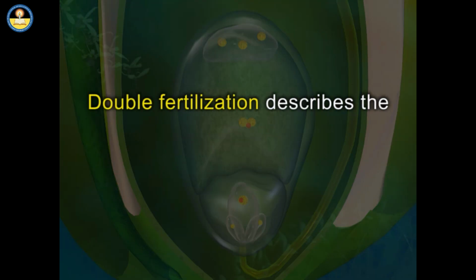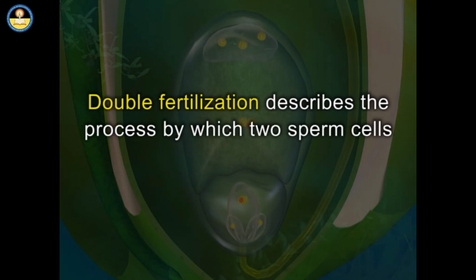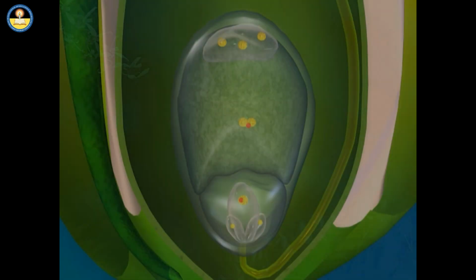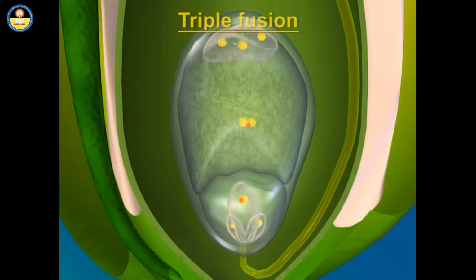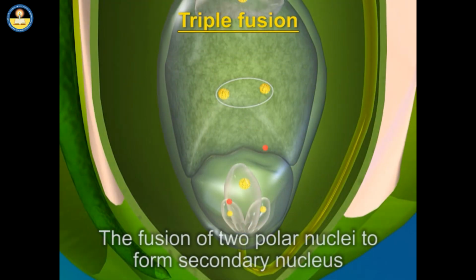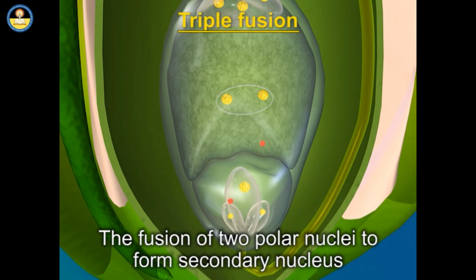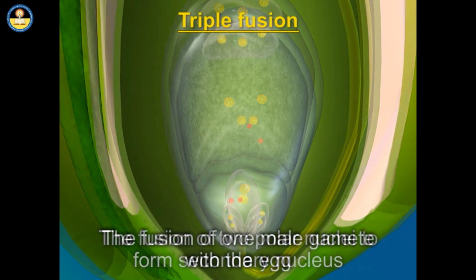Double fertilization describes the process by which two sperm cells unite with different nuclei of the female gametophyte. There are 3 fusions that take place in the embryo sac. First, the fusion of 2 polar nuclei to form the secondary nucleus.